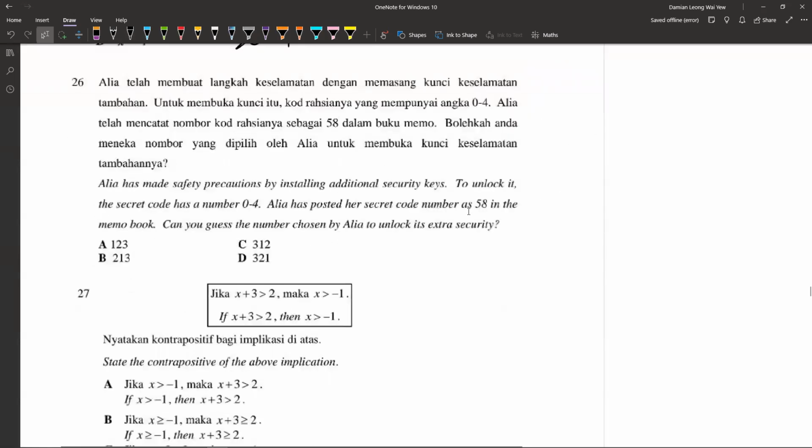Okay, question 26. Alia has made safety precautions by installing additional security keys. To unlock it, the secret code has a number 0 to 4. Alia has posted her secret code number as 58 in the memo book. Can you guess the number chosen by Alia to unlock its extra security?